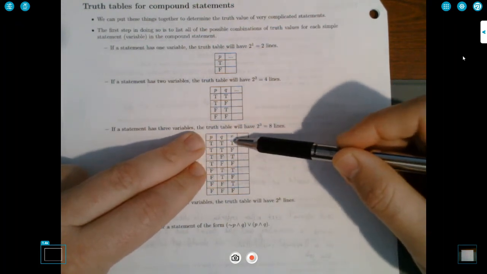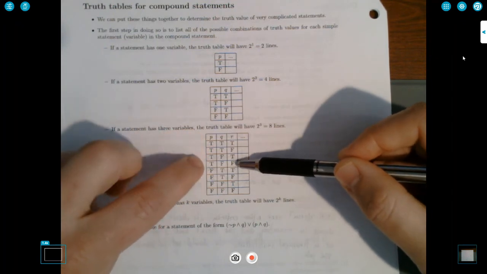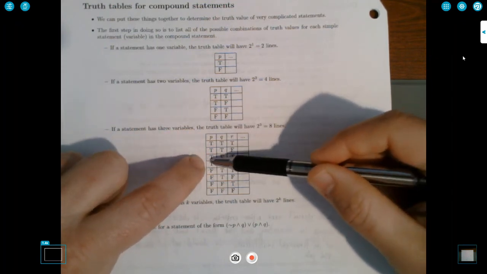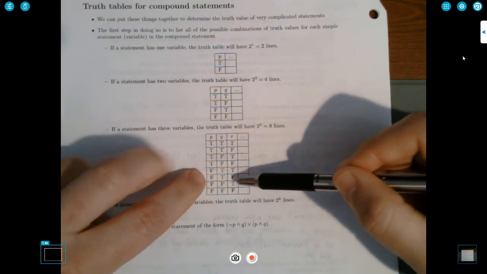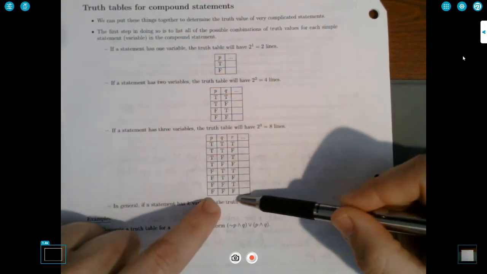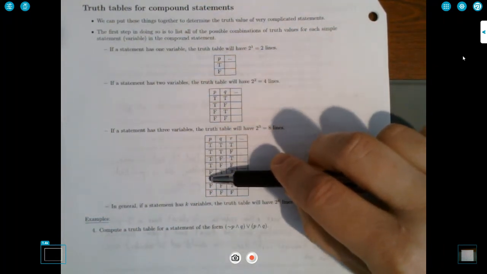So that's if they're all true, and then we have 3 possibilities if one of them is false. Well, what if 2 of them are false? That could be true, false, false. It could be false, true, false, or it could be false, false, true. So 3 possibilities there. And then finally, there's the possibility that all 3 of them are false. So if you count up all of these possibilities, you get 1, 2, 3, 4, 5, 6, 7, 8. Well, that just so happens to be 2 cubed.